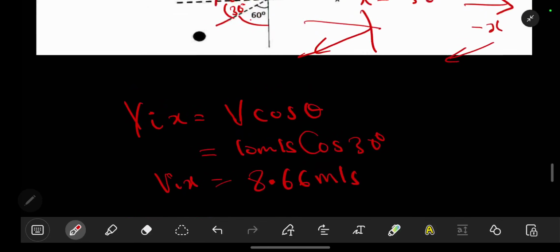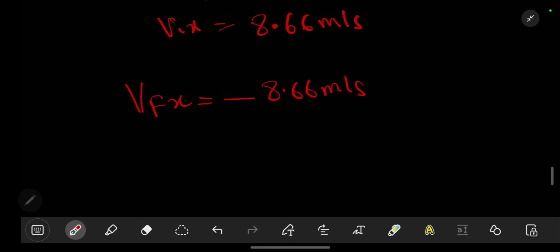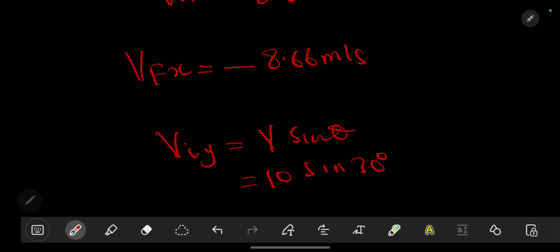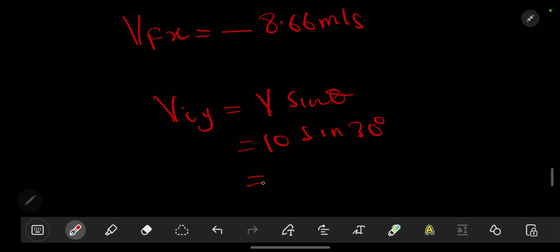So this is the one in the x. Then in the y, v iy should be equal to v cos of theta. Our velocity is 10. Sorry, the y is associated with the sine. So we are going to put sine of our 30 degrees. 10 sine of 30 will be equal to 5. So this is our y.